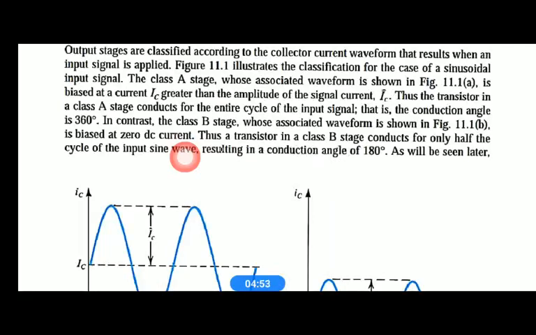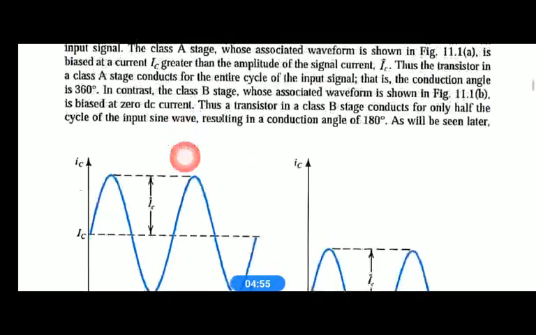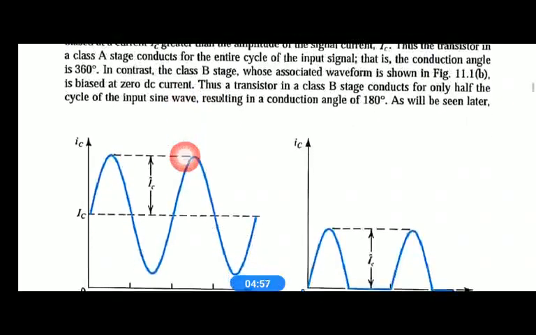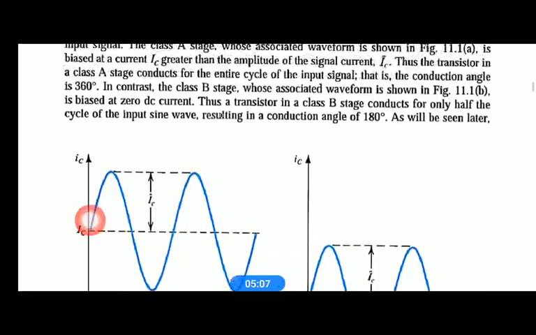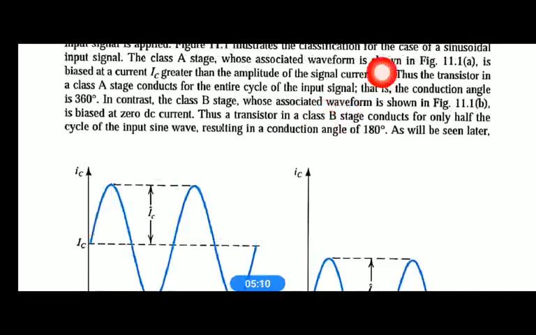The biasing circuit used in this power amplifier provides the current IC which is greater than the signal current IC.